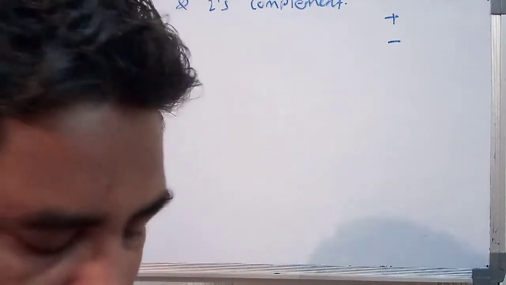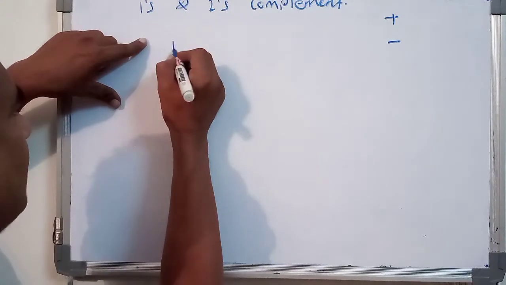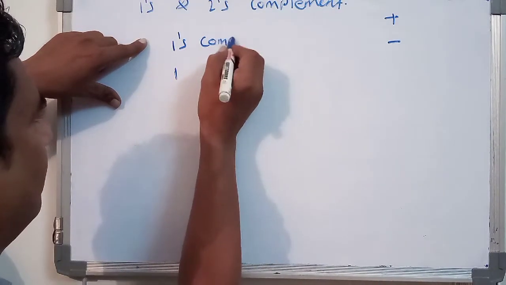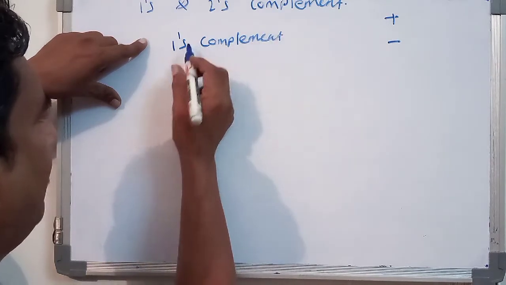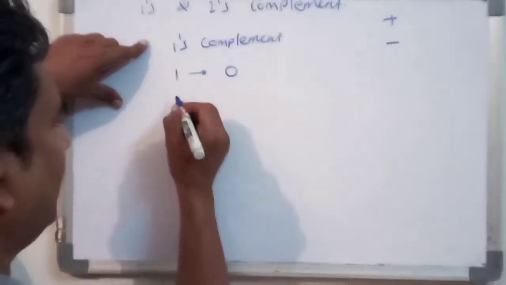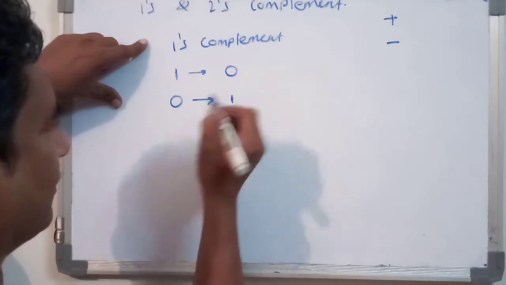But in the ones complement, if you have a 1, this 1 is converted to 0, and the 0 is converted to 1.